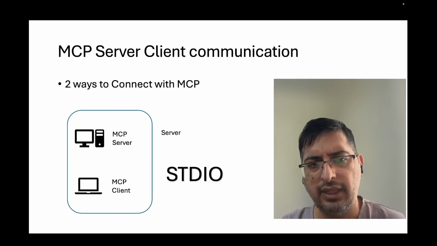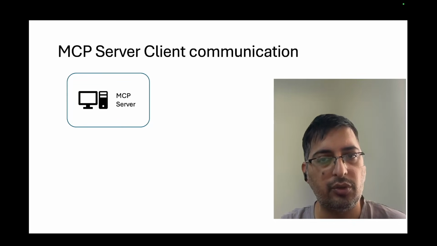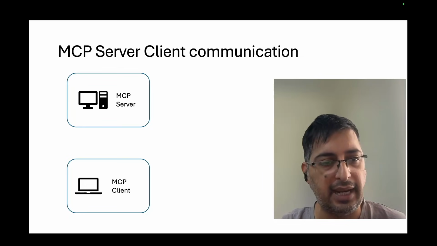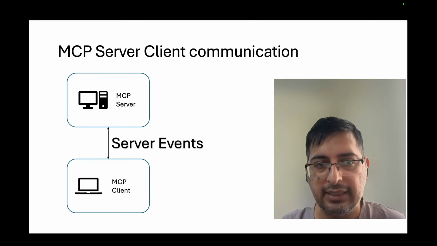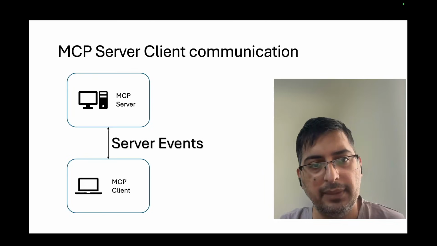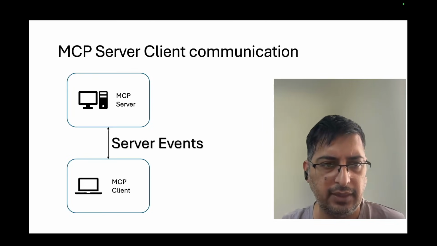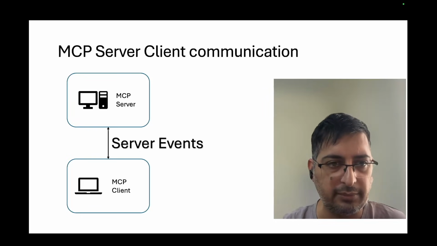What if they are running on different machines? Let us see that example. Our MCP server will be hosted on a different machine. Our MCP client will be hosted on a different machine. Both will talk to each other using server-side events. In a production environment, this is how things will look normally. I mean to say, your MCP server will be hosted on a different server in your company, or probably in a different company from where you want to get some data.